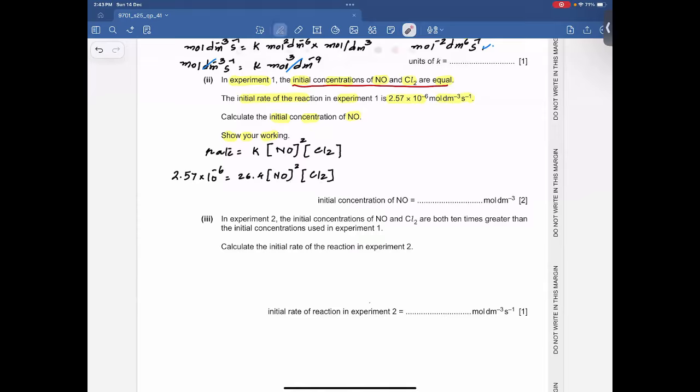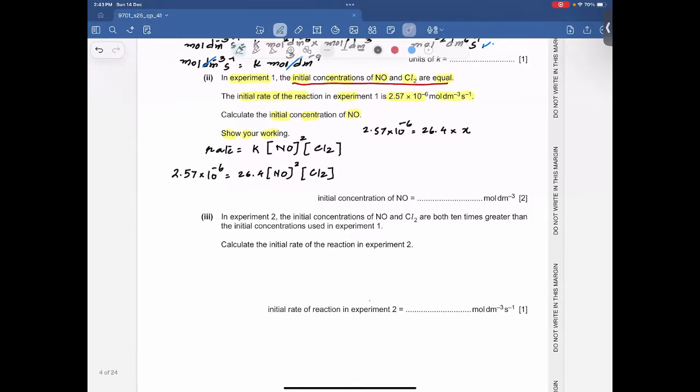So 2.57 into 10 to the power minus 6 equals to 26.4. We need to find the concentration of NO. Since we don't know the value, let's suppose it's x, and since it has a square, obviously it's going to be x square. And obviously the concentration of chlorine is also same, so I'm going to take it x. It's going to be x cube, because power hydrogen.